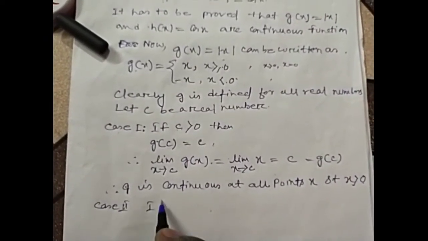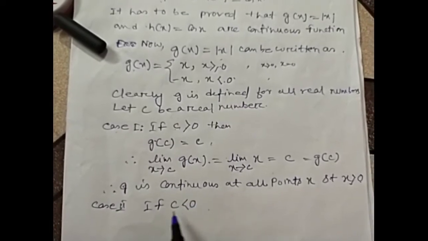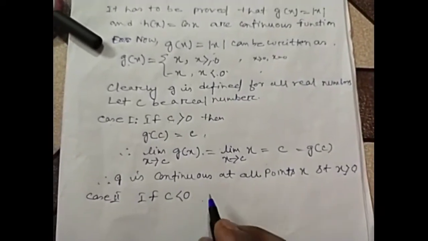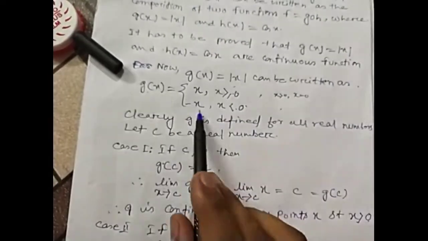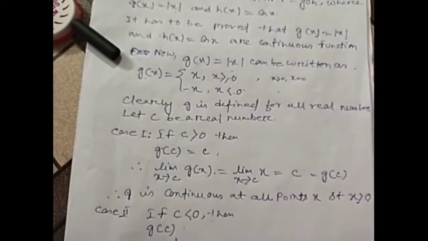What is the second case? You can take c less than 0. Then g of c, since c is less than 0, the function will be the second one, so minus c. Replace x by c, and you will get minus c.